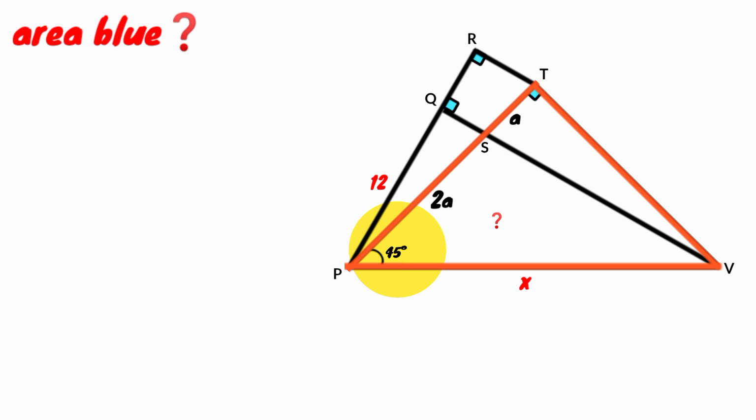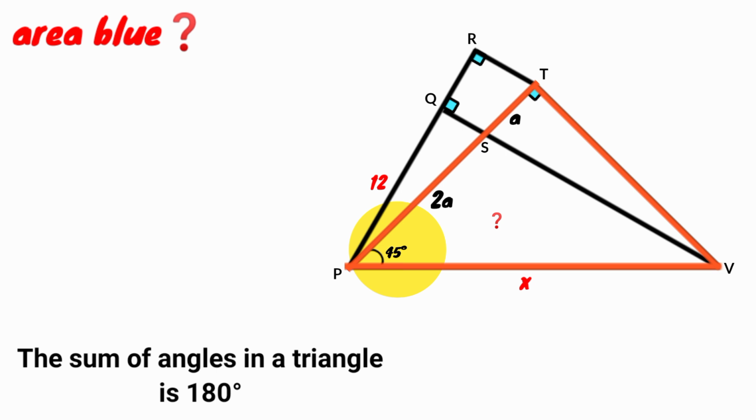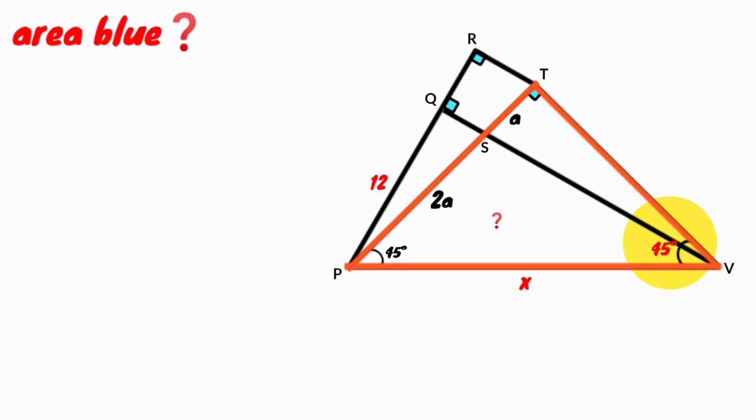Based on the rule that the summation of angles in a triangle is 180 degrees, this angle must be 180 degrees minus 90 degrees minus 45 degrees, which is 45 degrees. So the angle is 45 degrees in size. Now we have two pairs of congruent angles in the triangle.